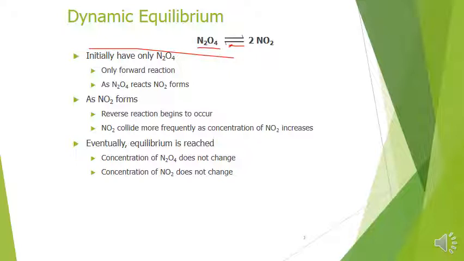They start colliding with each other, and there are more and more particles, just like we talked about in kinetics. The rate of the formation of this starts to increase, while the rate of this one actually decreases because there's less of it. Then eventually we get to equilibrium, where the concentrations of both of them stay the same.